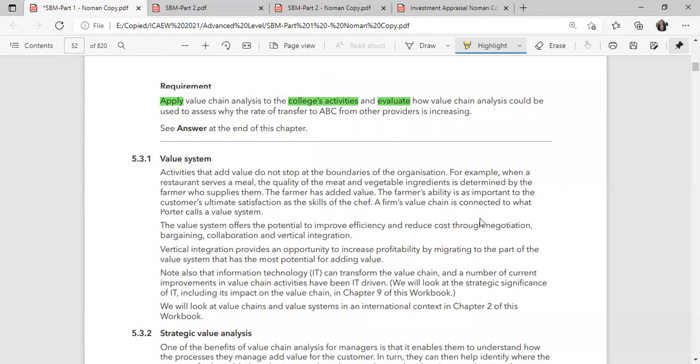Yes, can anyone answer? Just think for a while how value chain analysis could be used to assess why the rate of transfer to ABC from other providers is increasing.